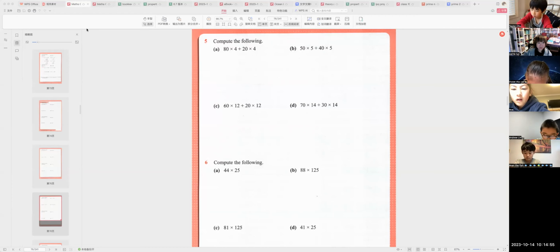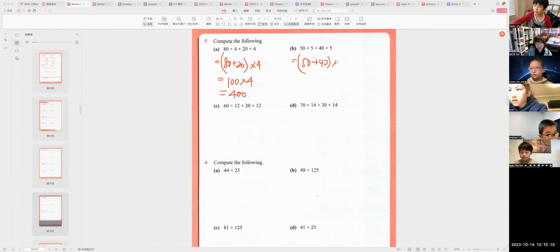Okay, so let's take a look at this one. Some people are not very sure about it, right? So 80 plus 20 times 4, correct? Equals 100 times 4 equals 400. Next one, 50 plus 40 times 5 equals 90 times 5 equals 450.